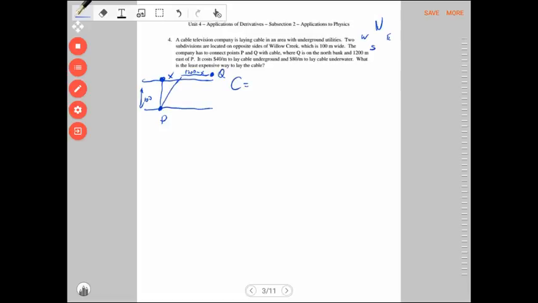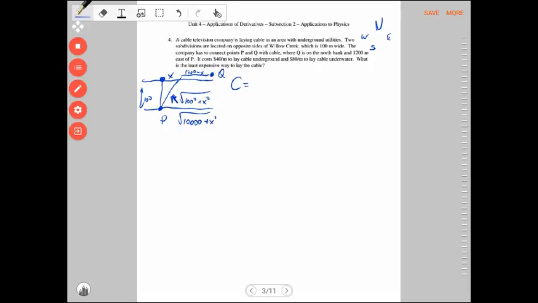So the cost: we have a certain distance underwater, which is this distance right here, the hypotenuse of that triangle. That's going to be the square root of 100 squared plus x squared. Well, 100 squared is 10,000, so it's going to be 10,000 plus x squared.